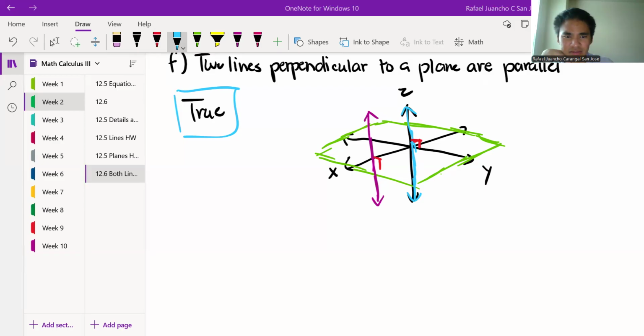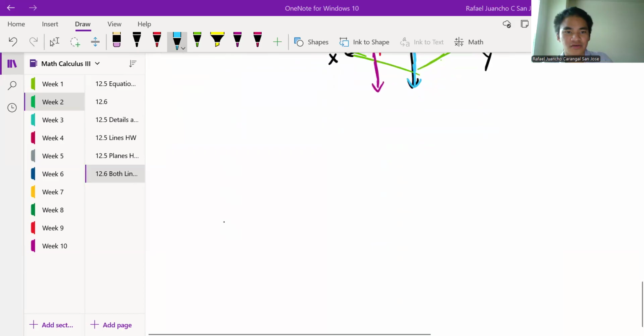Okay. Next. Okay, for G, what does it say? Two planes parallel to a line.